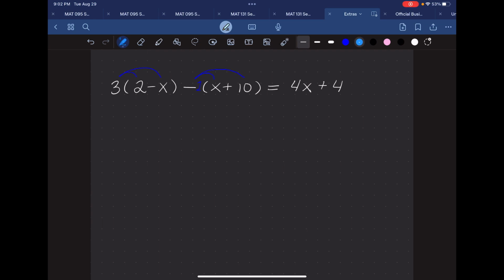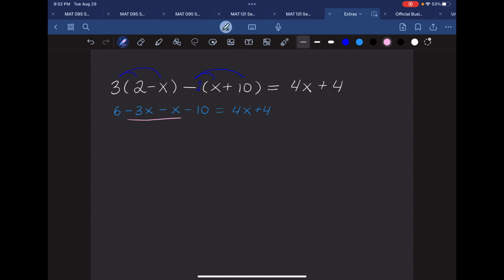So I get 3 times 2 gives me 6, minus 3x, minus x, minus 10 is equal to 4x plus 4. And now I'm going to combine like terms on the left-hand side. My like terms here are minus 3x and a minus x.